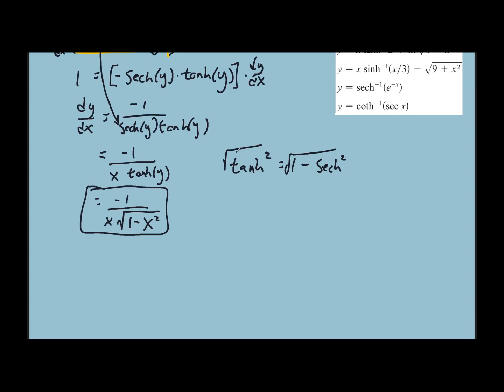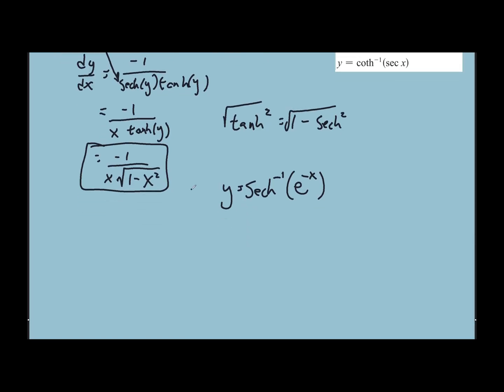Let's try this out. So y equals hyperbolic arcsecant of e to the negative x. What's the first step here? What's the first step? I'll give you a quick second. Okay, time's up. Let's find the derivative. dy/dx, which is what we want, equals negative 1 over x, the input.